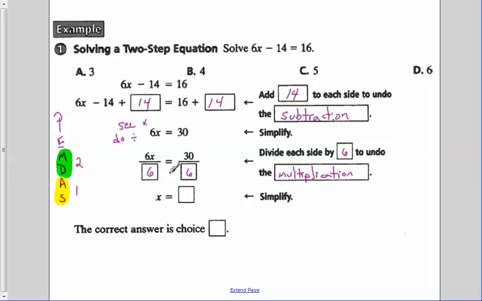And when I divide 30 by 6, I get 5. So if I look at my answer choices up above, the correct answer would be C. However, I'm never going to give you a multiple choice question like this, so make sure that you understand showing your work, doing the same to both sides of the equation.